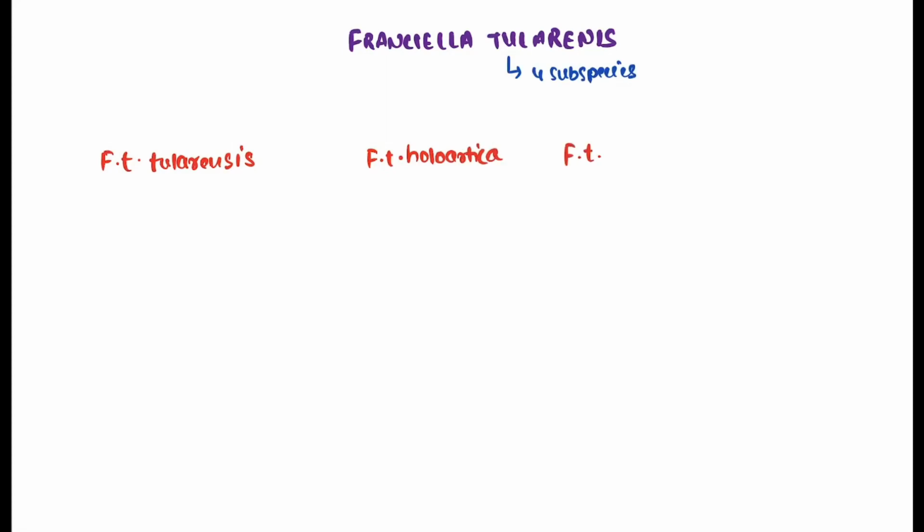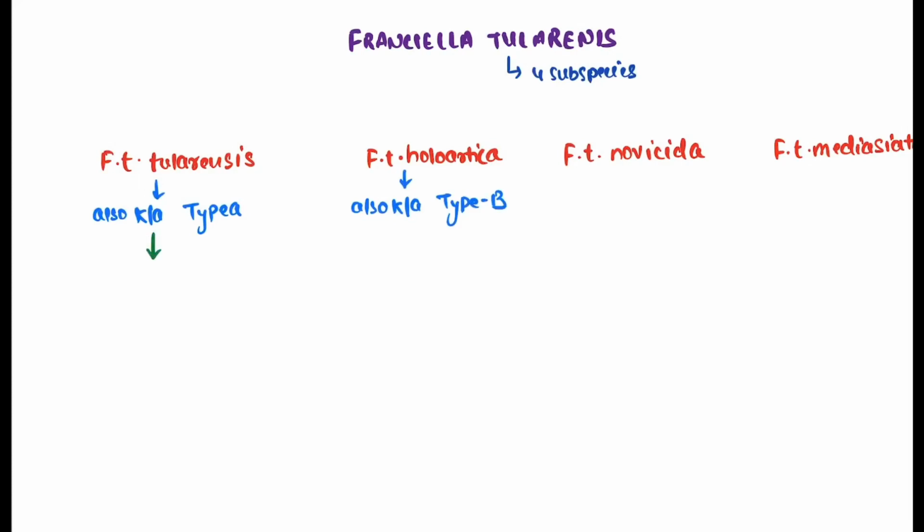In Francisella tularensis, there are a total of 4 subspecies. These subspecies are Francisella tularensis tularensis, Francisella tularensis holarctica, Francisella tularensis novicida, and Francisella tularensis mediasiatica. The tularensis subspecies is also known as type A, and holarctica is also known as type B. Francisella tularensis tularensis is the most virulent and causes lethal pulmonary infection.